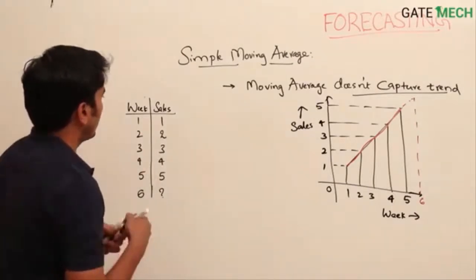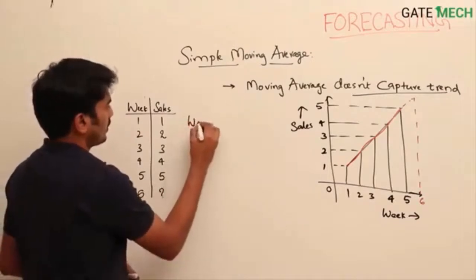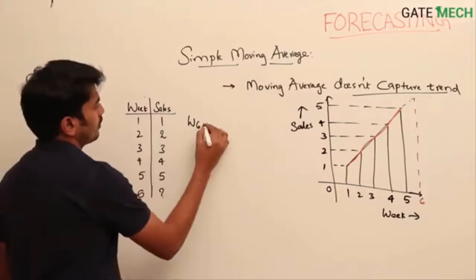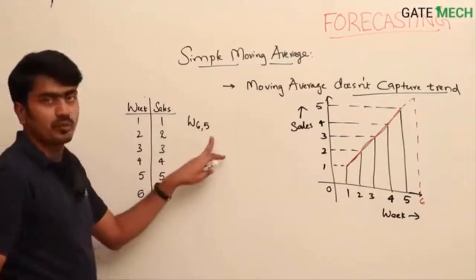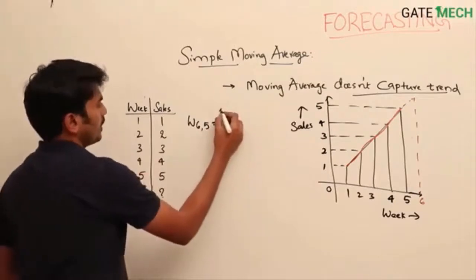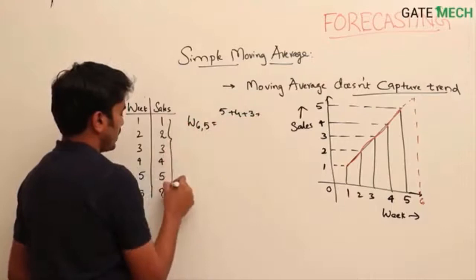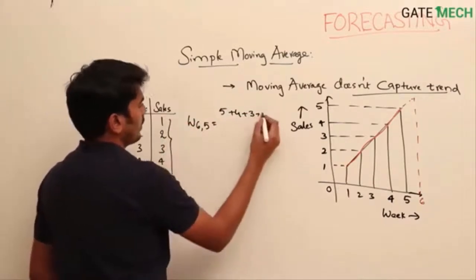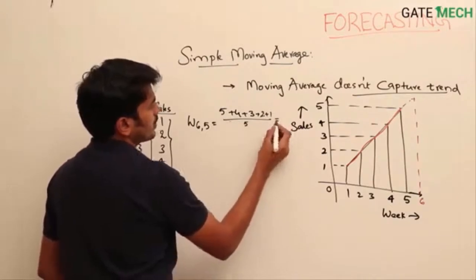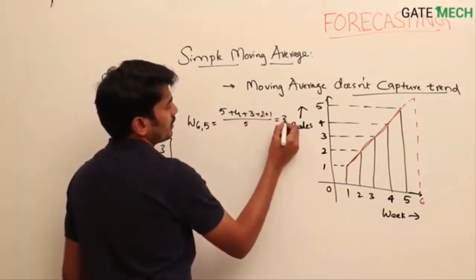Suppose we are taking the week 6 moving average with a 5 period moving average value. That is nothing but 5 plus 4 plus 3 plus 2 plus 1 by 5, which comes to 15 by 5 equal to 3.